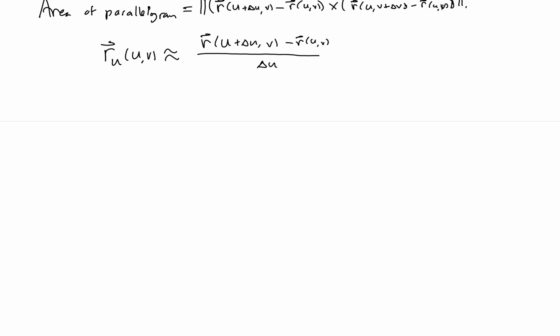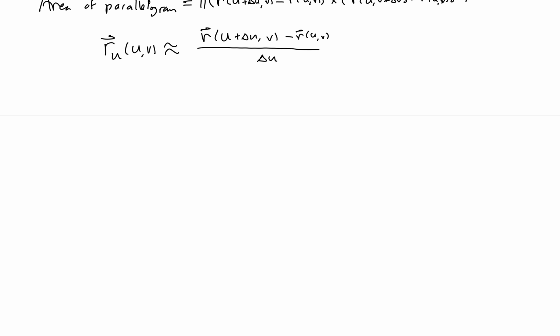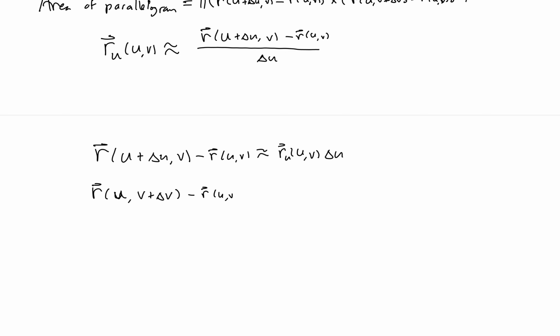And similarly for delta v. So if we multiply both sides by delta u, I have r of u plus delta u, v minus r of u v is approximately r sub u of u v times delta u. And similarly, the same argument, if I use the v's instead, I get r sub v of u v times delta v.